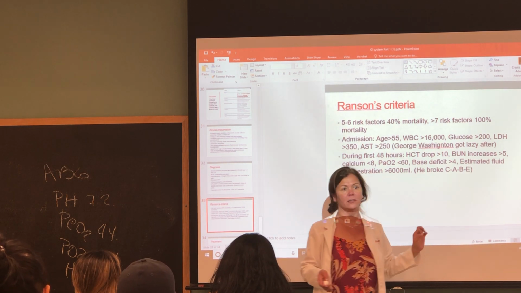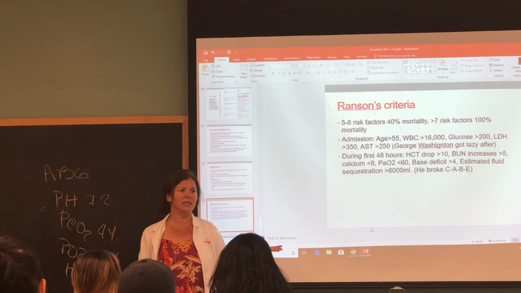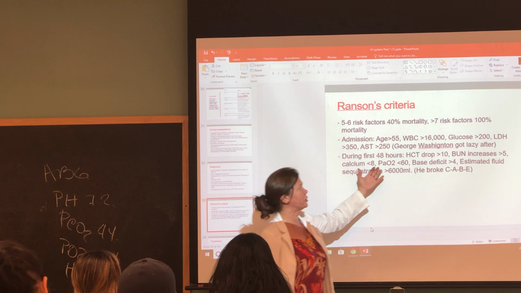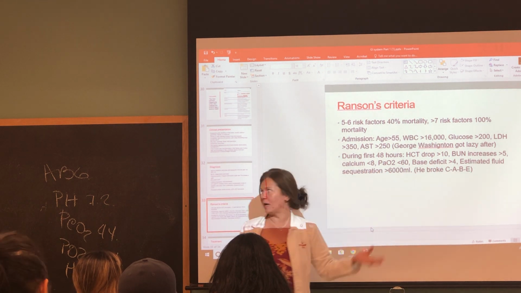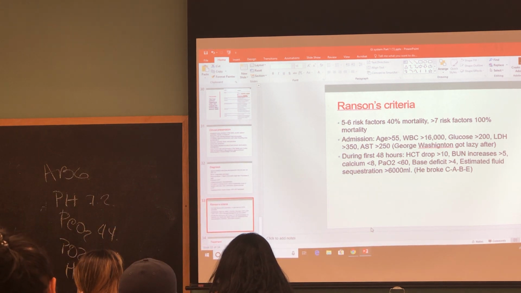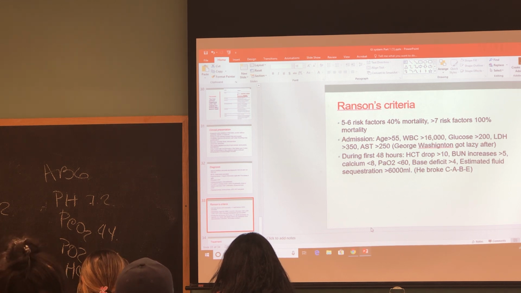So this is the mnemonic. If you use your judgment, you don't have to memorize this. Basically, all the values are telling you that the patient is deteriorating, is not improving. For example, the patient comes in with hemoglobin of 12 and hematocrit of 24, okay, it tends to be double, by the way. So this is the patient on admission.